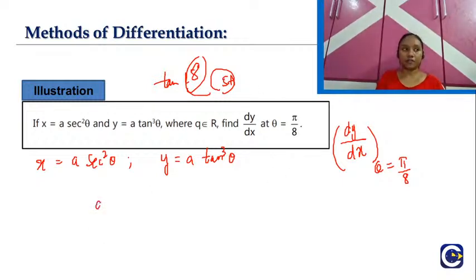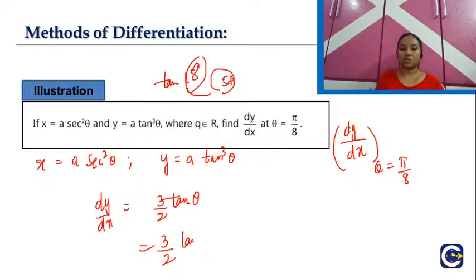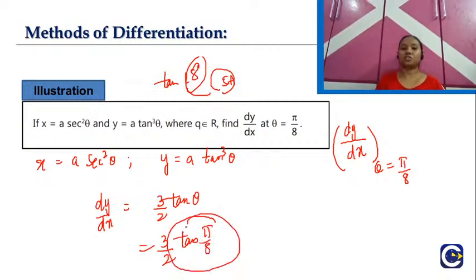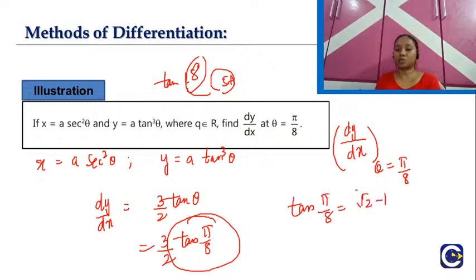And after differentiating, your dy by dx will be nothing but 3 by 2 tan theta. And in place of theta, you have to substitute the angle, that is pi by 8, and you have to remember the value. So no need to do this methodology, you have to simply remember the value, and tan pi by 8 value is nothing but equal to root 2 minus 1. So you can simply write this as 3 by 2 into root 2 minus 1.